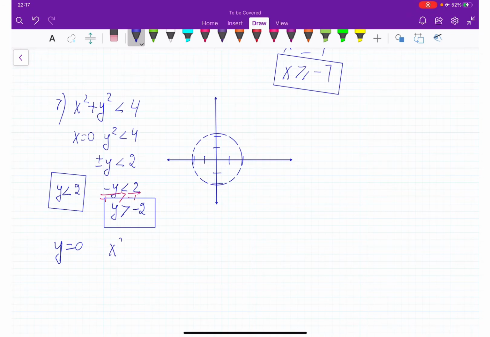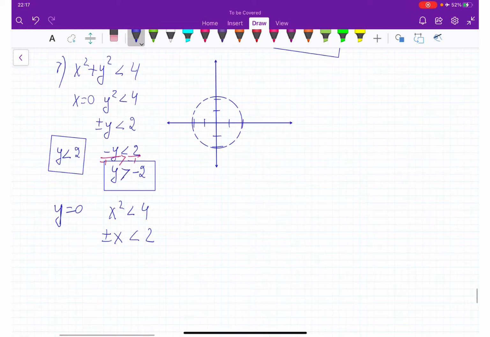And x squared less than 4, which means plus or minus x less than 2. That means positive x less than 2 and negative x less than 2. If we divide by negative 1, this flips the sign, and we get x greater than negative 2. So what do we have?